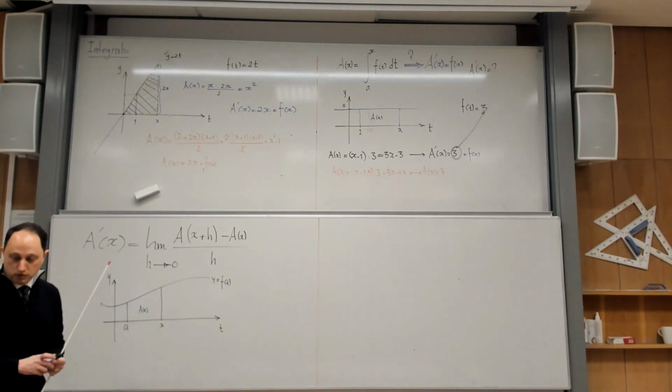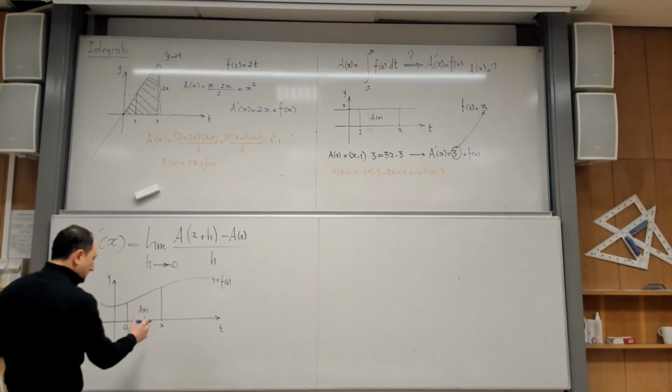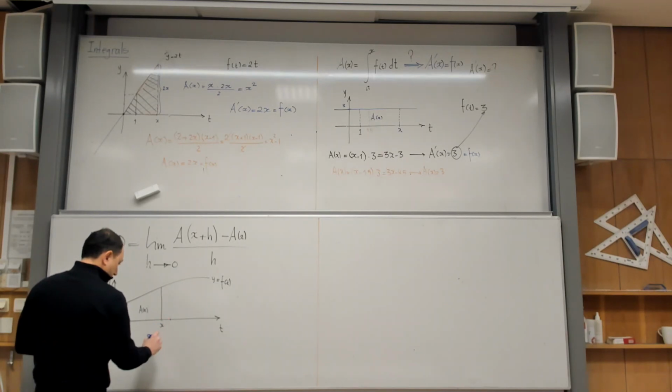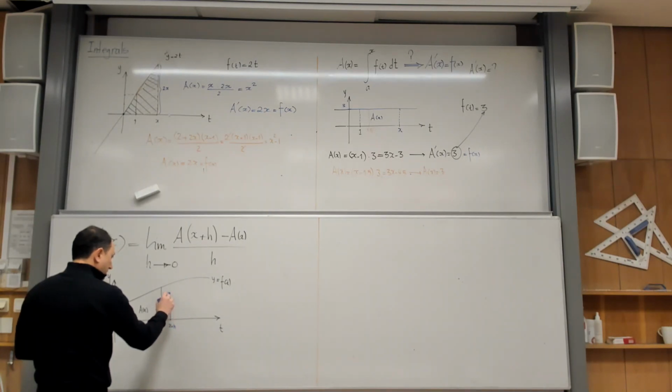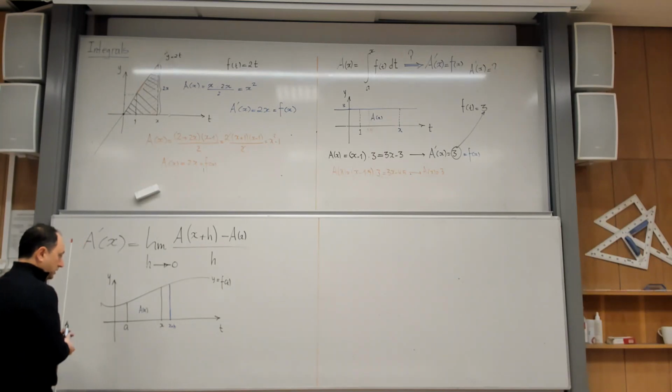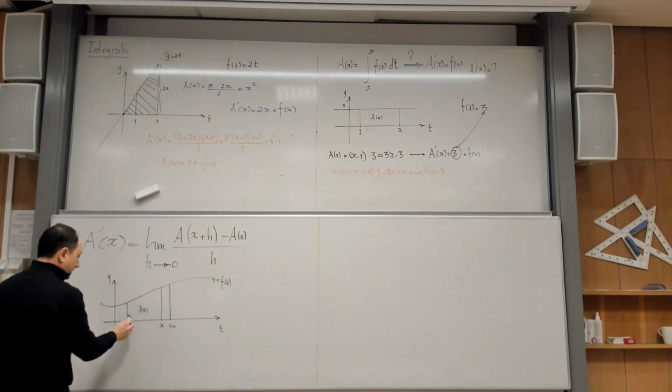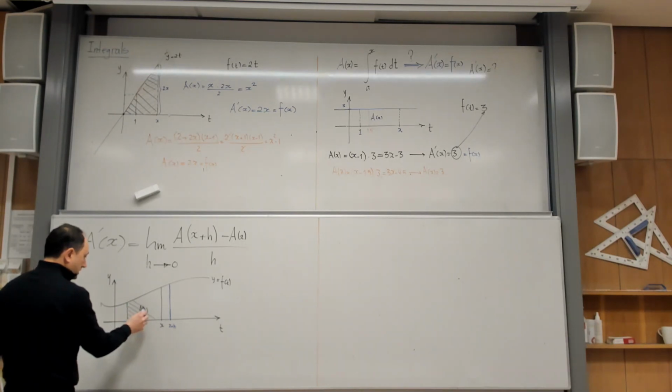Let me draw it with a different color. I go h units to the right, and then I draw this one. I don't know how I can show it. So this black part that I am coloring here, this is the black A of x.